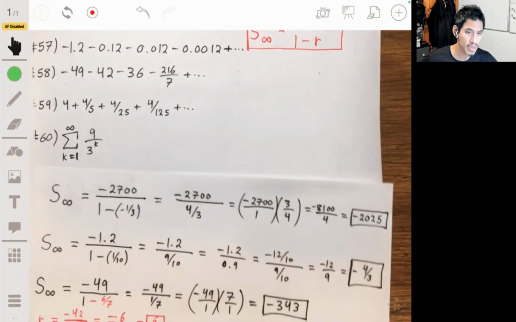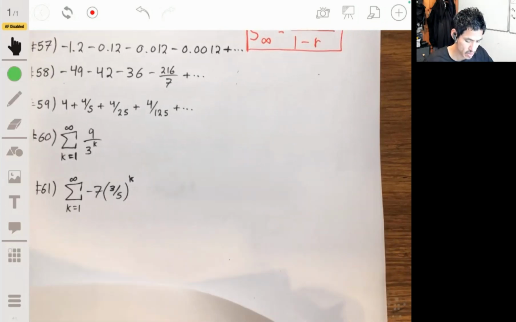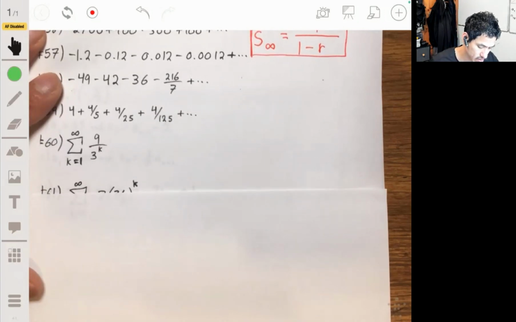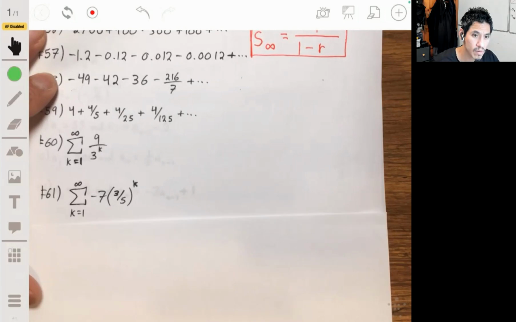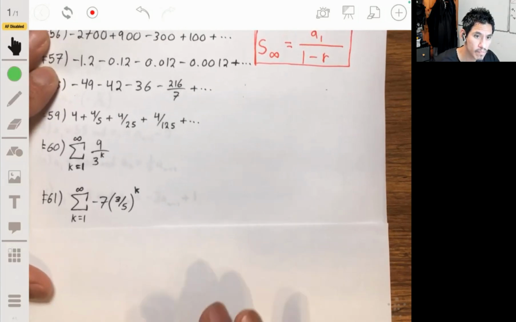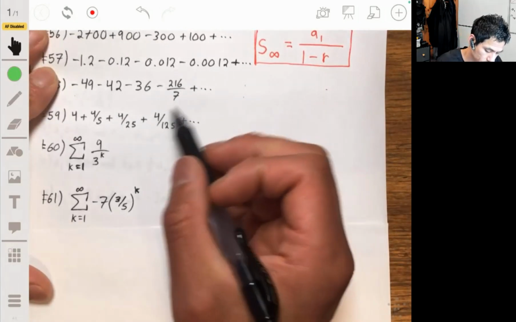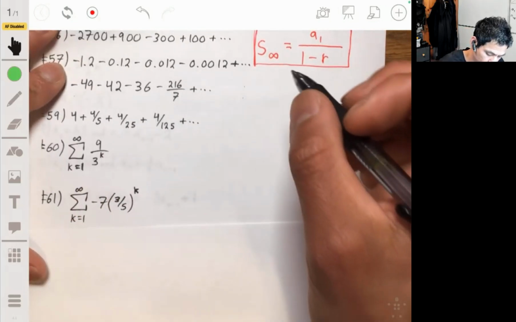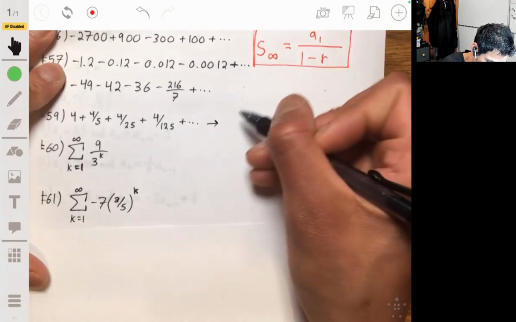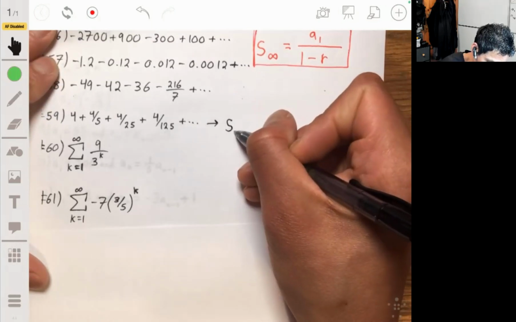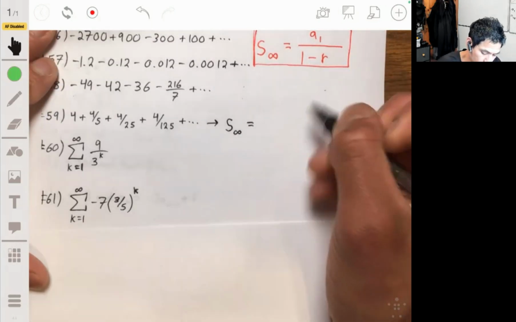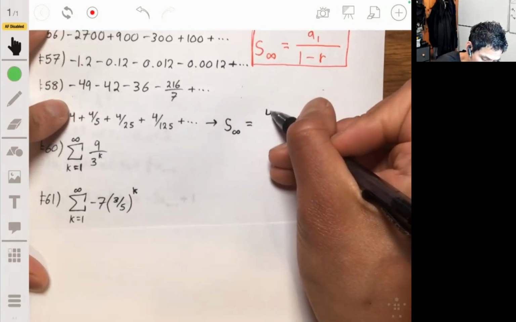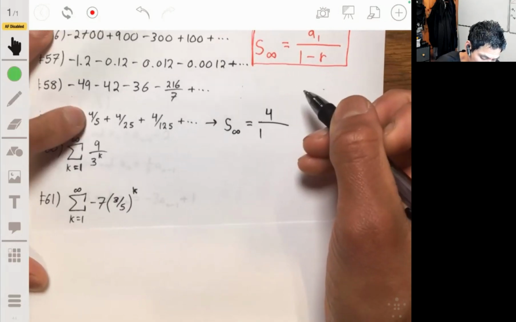There's 3 more. 59. I guess I can do that one over here. S sub infinity will be A1, which will be 4, over 1 minus r.